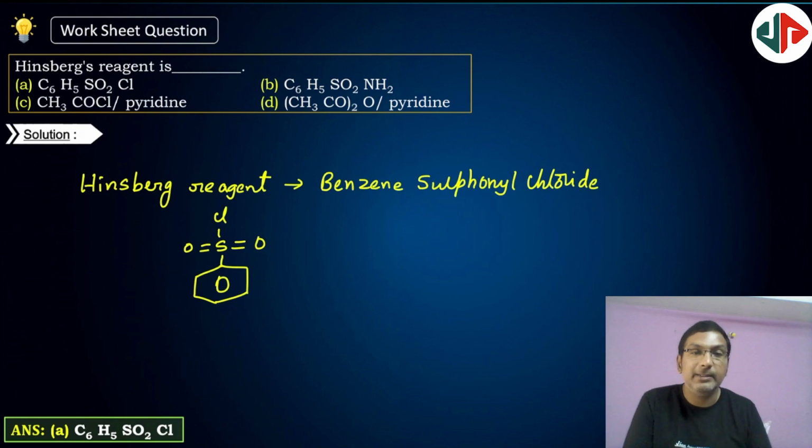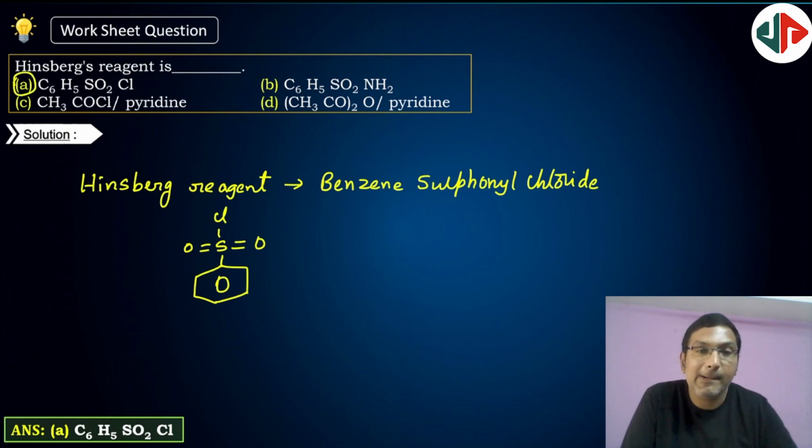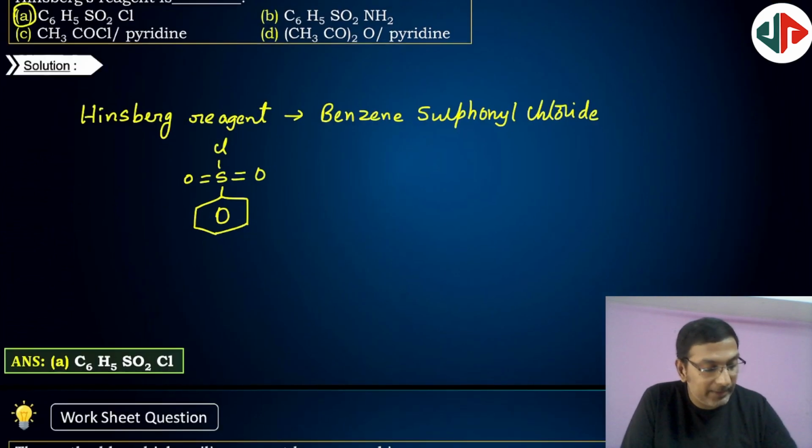The Hinsberg reagent can be used to distinguish primary, secondary, tertiary amines. For option A, this is also a previous question. Next.